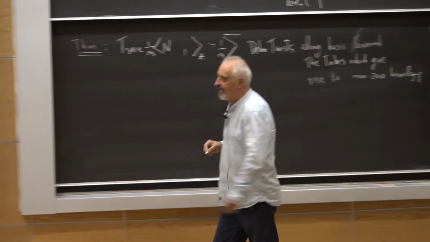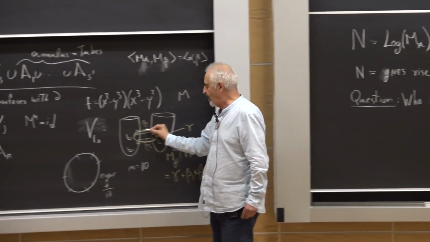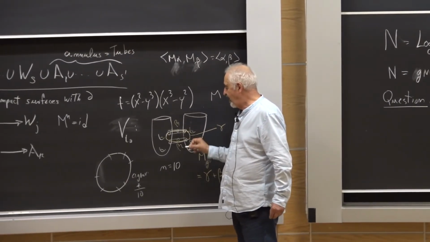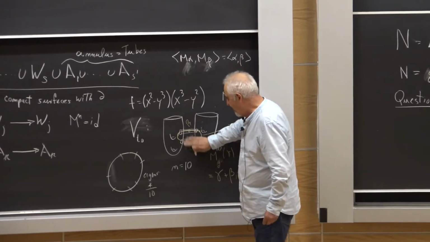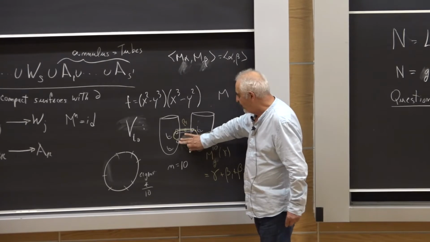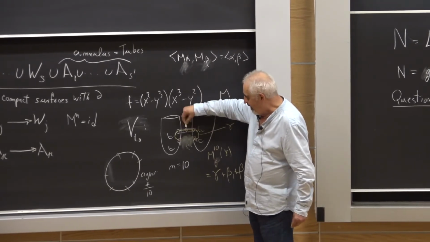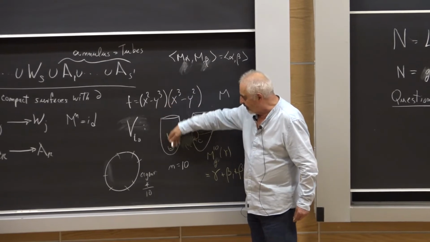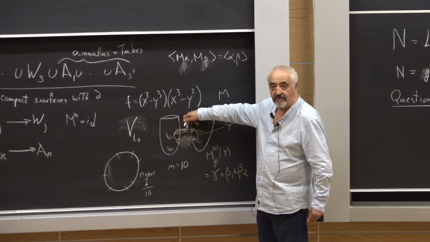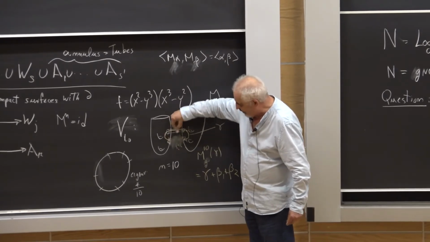So this means that these tubes, so you take one of these circles, now it can be, for example, if it turned out that there was only one tube connecting the two, then this one is homologous to 0 because it's the boundary of this piece. So this doesn't count.